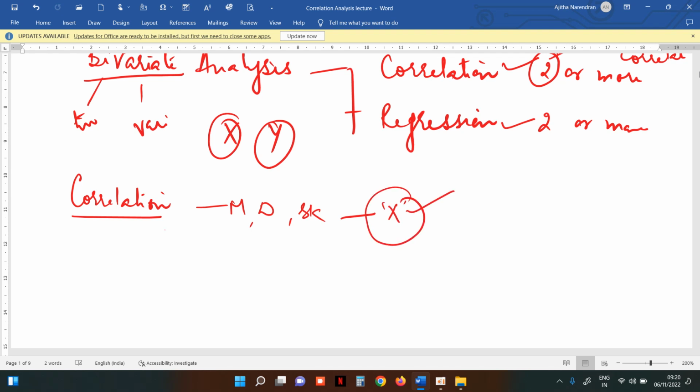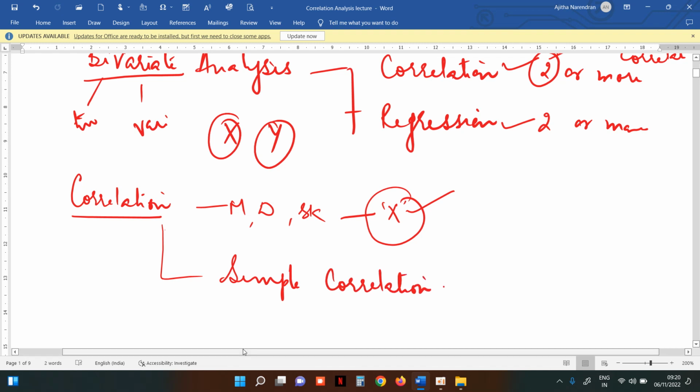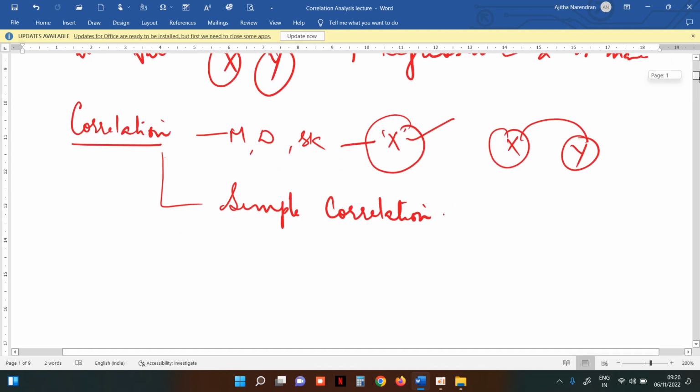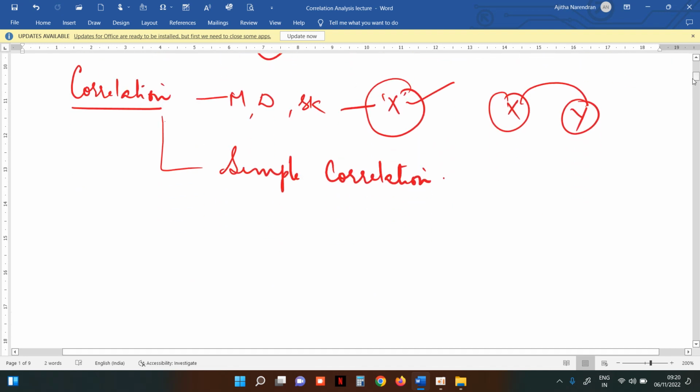Now, in correlation, we'll be focusing on simple correlation, where we study the extent of relationship between two variables, like x and y, and to what extent these two variables are related to each other.